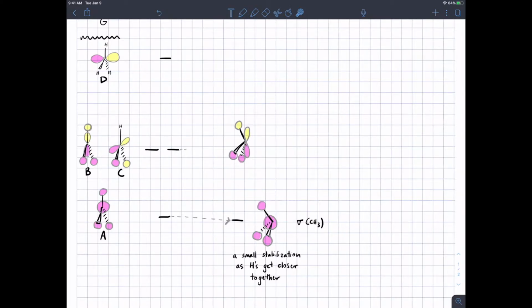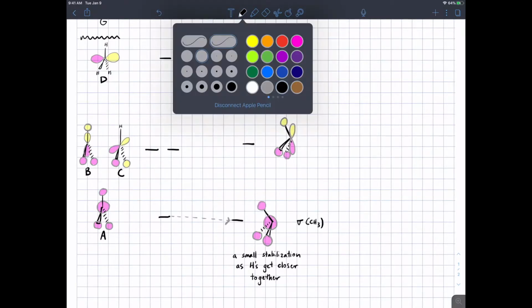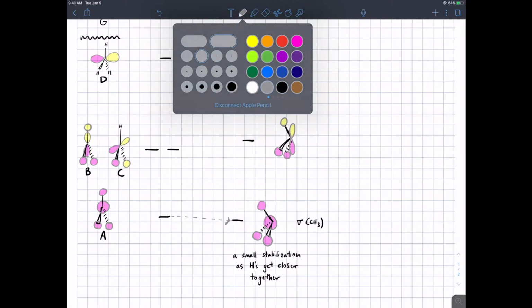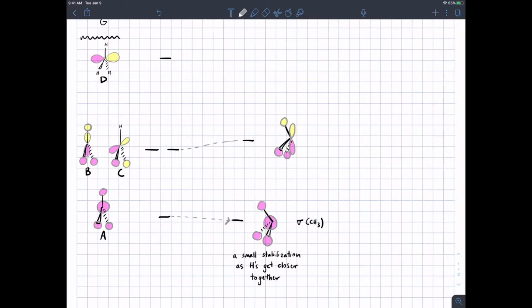So the overlap is a little poorer, not a whole lot poorer, but we would expect perhaps this B orbital to be just a little bit destabilized, relative to the corresponding orbital in the planar methyl.